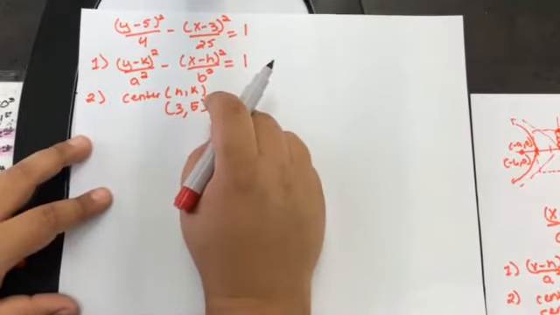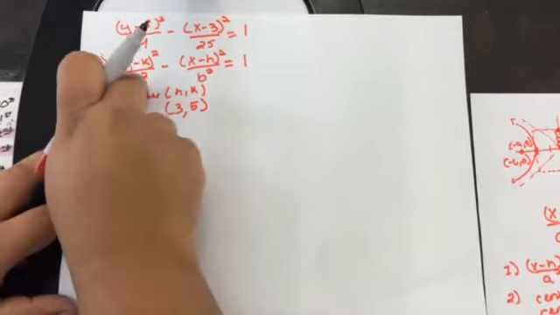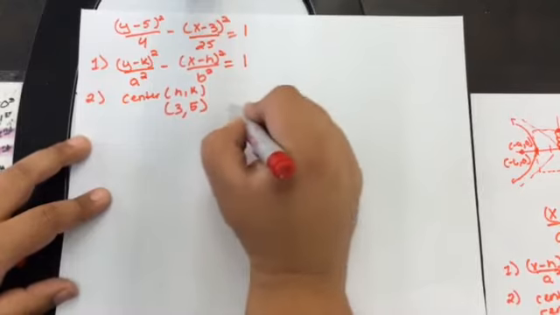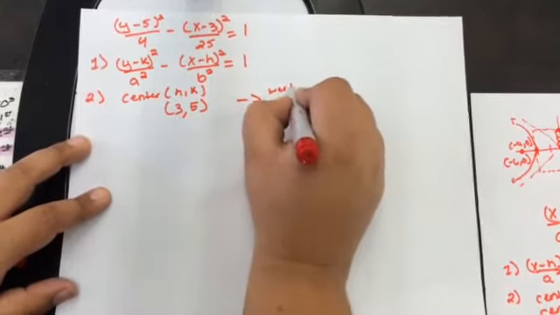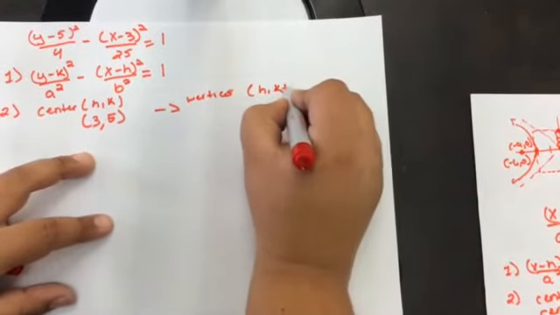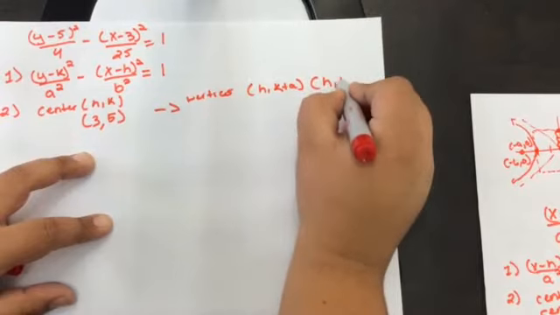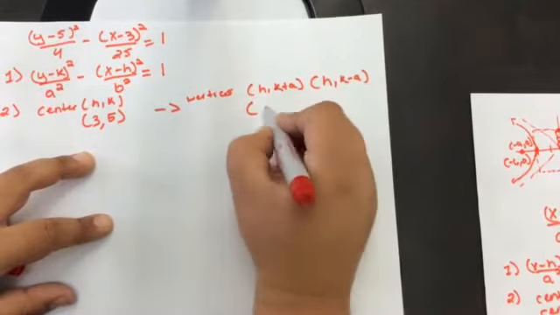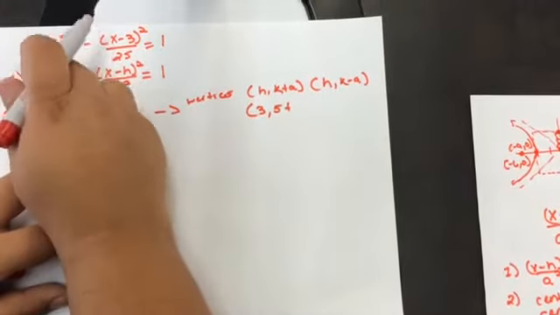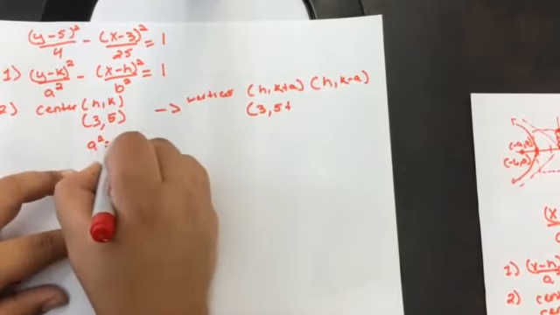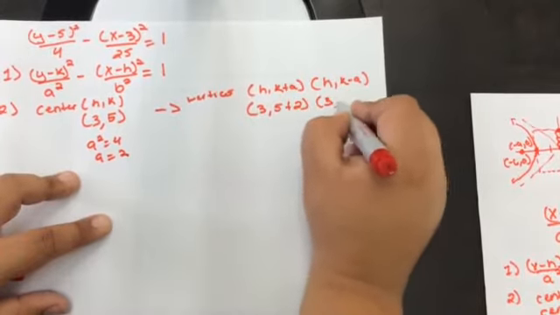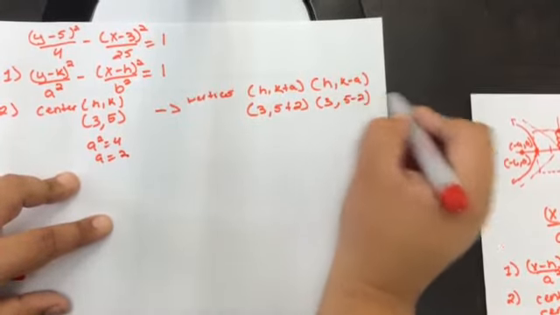Since the movement of the vertices happens on the y-axis, we're changing our y's. So your vertices are at h and k plus a, and h and k minus a. h is 3, so it's going to be 5 plus your a. Our a squared is 4, so a equals 2. So it's 3 and 5 plus 2, and 3 and 5 minus 2.